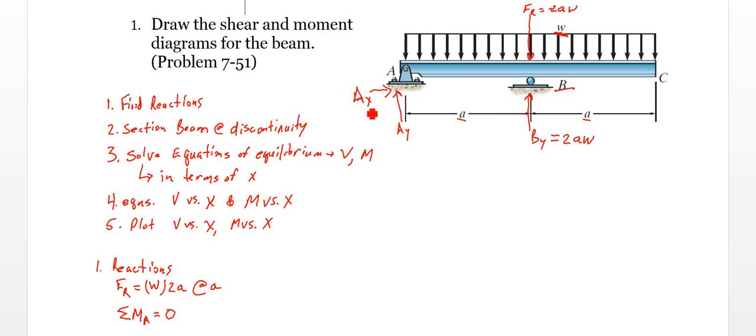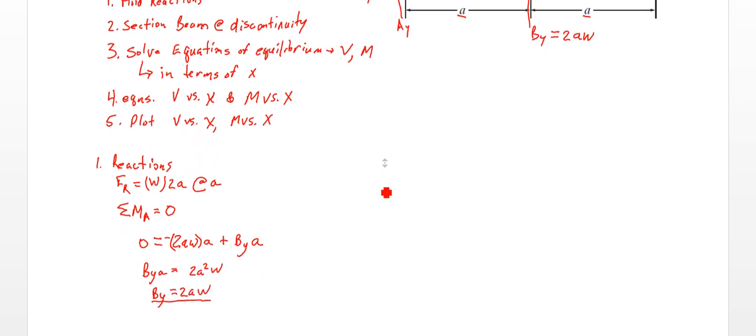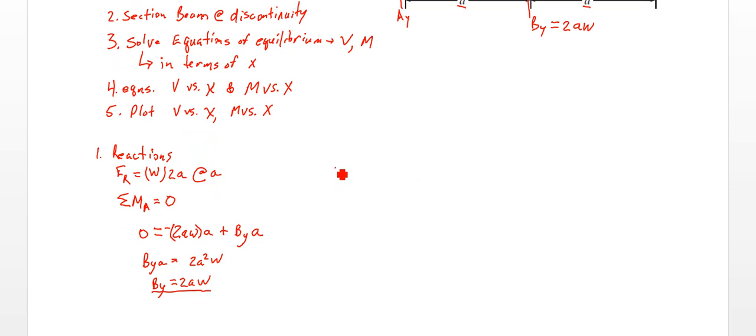Now we can take our sum of our forces in Y and in X to find these last two reaction forces at A. So sum of the forces in the Y direction equals 0. 0 equals negative 2AW plus 2AW, make that lowercase a, plus FAY. It's pretty obvious, this negative 2AW and positive 2AW cancel out. So FAY equals 0.